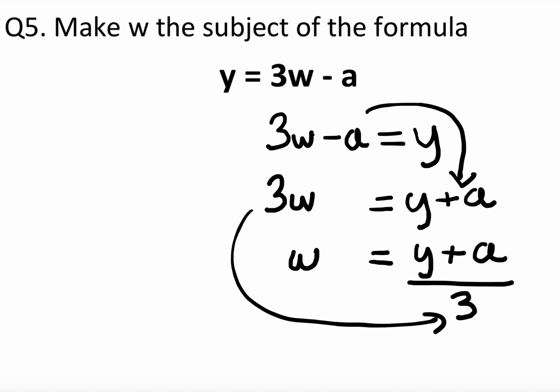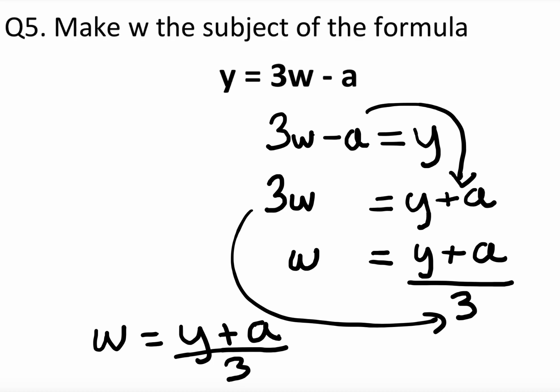The actual answer is W equals Y plus A, over 3. A bit of algebra. You just follow the steps, follow the rules, and you should be able to come up with the answer.